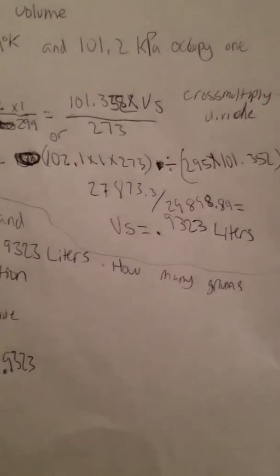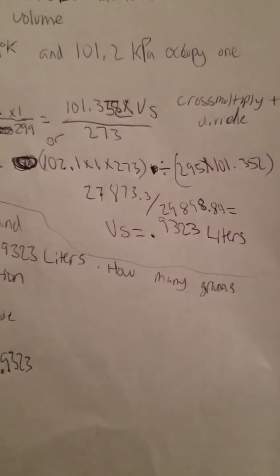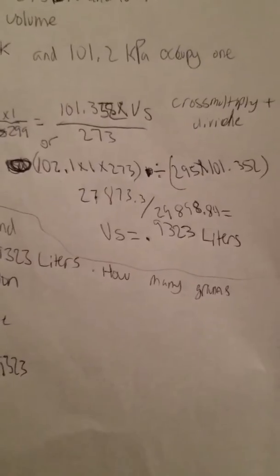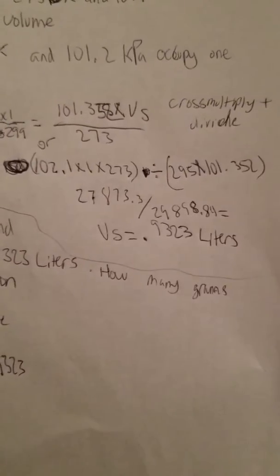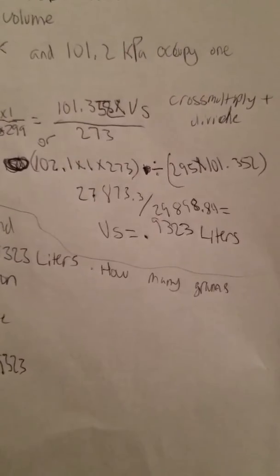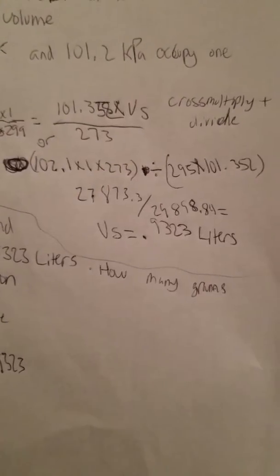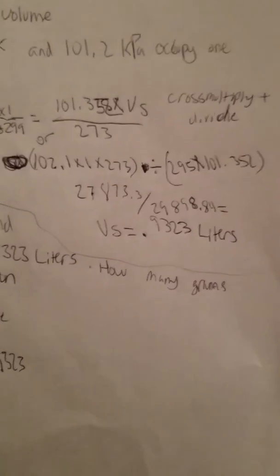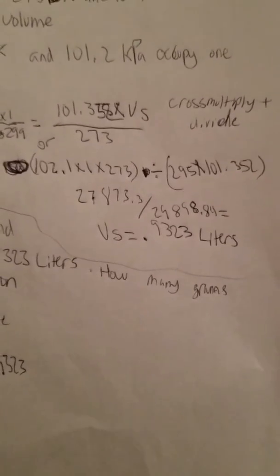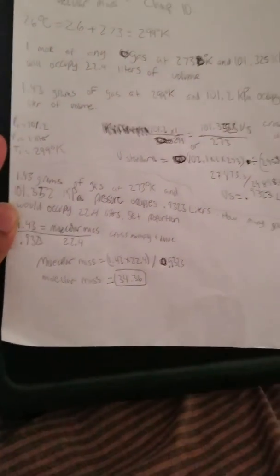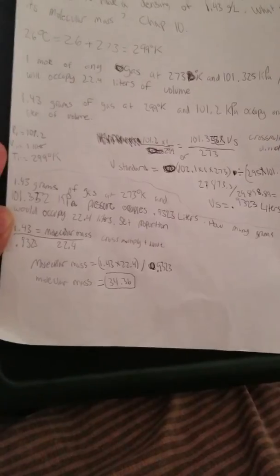You're going to get 27,873.3 over 29,898.84. Once you divide, you get 0.9323 liters.